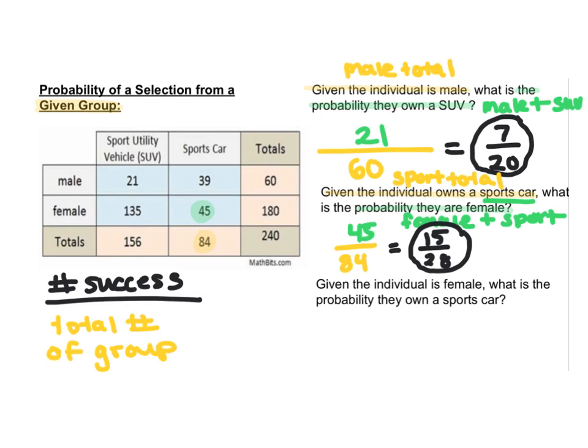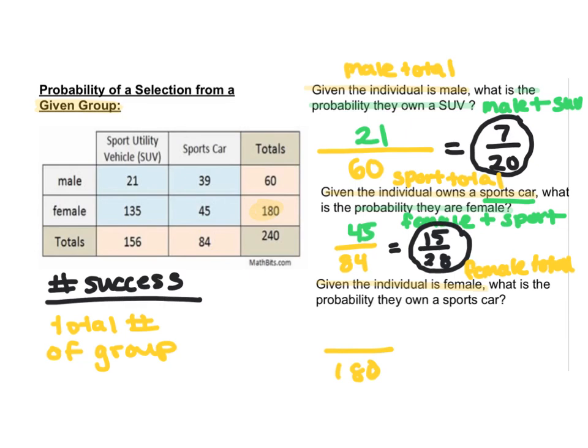In the last example, it says given the individual is female, so it's asking for the female total, which if I erase what's on my table, my female total is 180. So I can put this over 180.